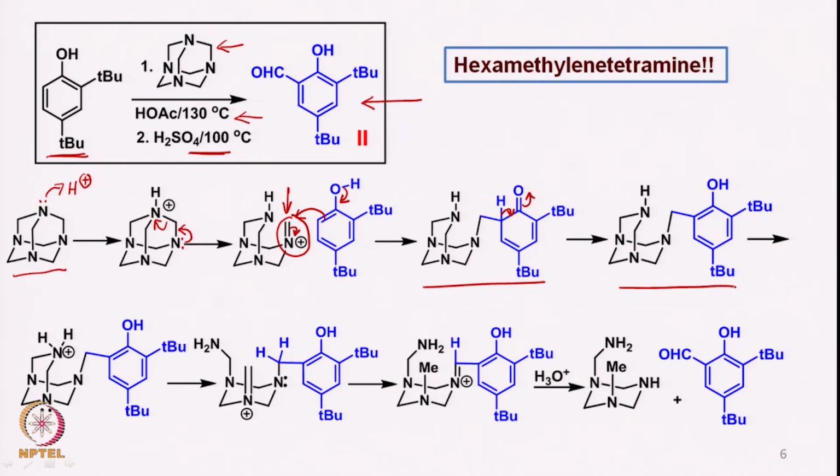And this molecule, which is now basically an ortho substituted amine, will now get reprotonated onto this particular nitrogen atom, and we can push this out from here, as you can see it here, that we can push it out and neutralize the positive charge, generating this species which is now having an electrophilic carbon present at this position.